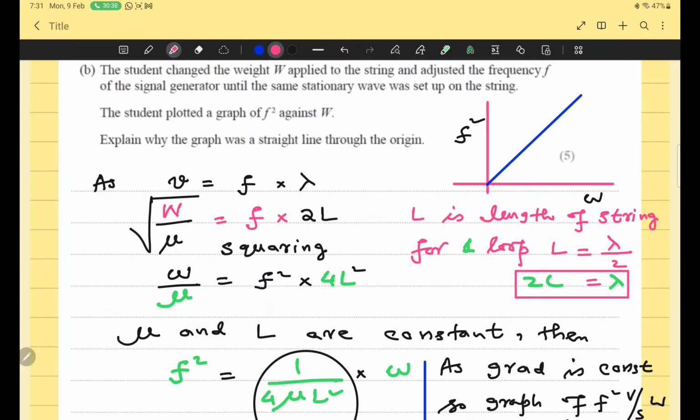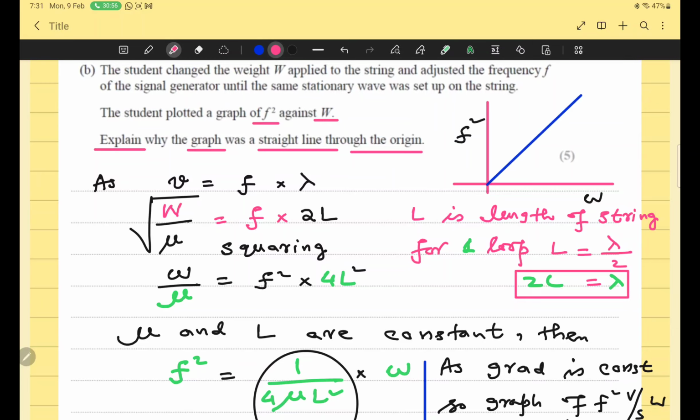Sir, the plan is this: in this question we have to explain why the graph between f square and w is a straight line, and that it is passing through the origin.